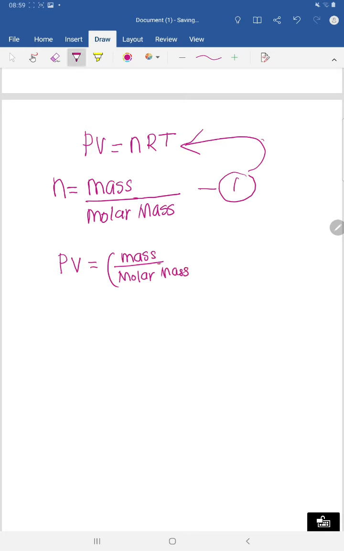Molar mass can also be represented as molecular mass, where the symbol for molar mass is Mr. Since I want a new formula for molar mass from the ideal gas equation, I rearrange molar mass to the left side, and pressure and volume to the right-hand side.